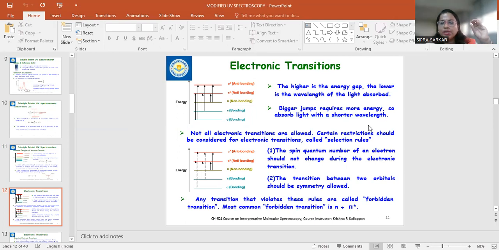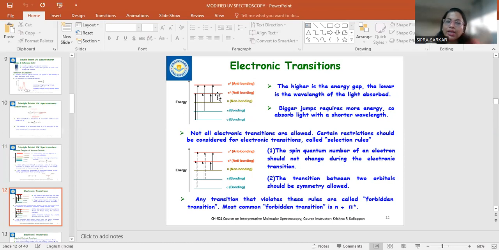If shorter wavelength light is absorbed, then it is a jump to a higher energy level. And if longer wavelengths are absorbed, then it involves a lower frequency. So whenever a compound is in a non-bonding state and wants to go to the pi bond, more energy is required.